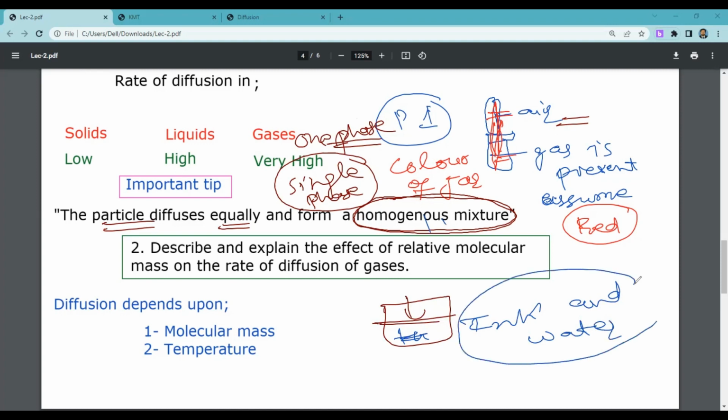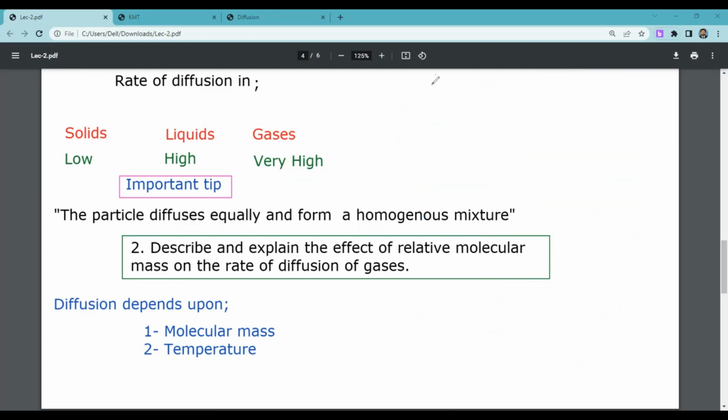Similarly, here the color in the whole jar will be the same, and that will be the answer to your question, no matter whether it's light red, brown red, or so on. The color will remain the same.